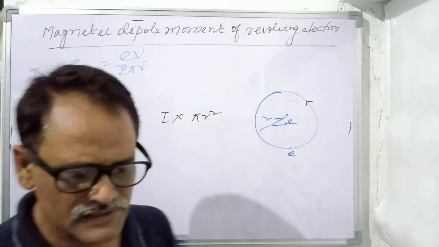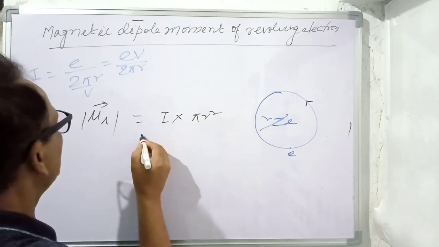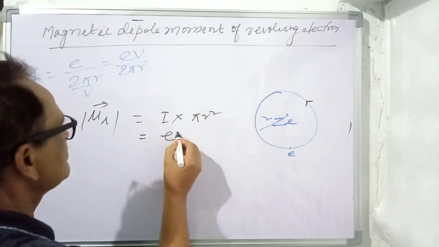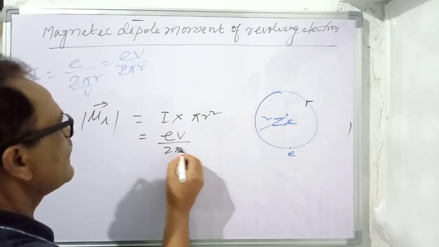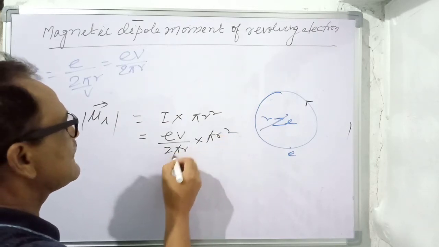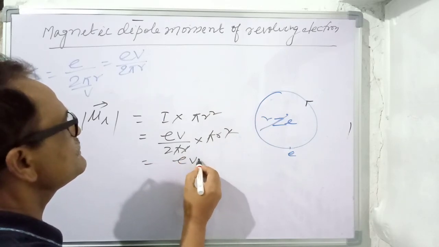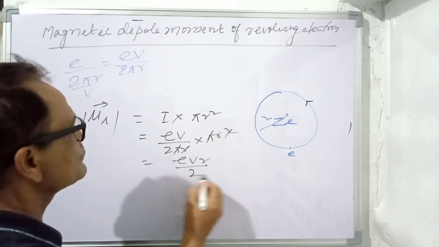I am writing only the magnitude. Putting this value of I, you will get ev by 2 pi r into pi r square, and pi will cancel, and r will also cancel, so it is evr by 2.